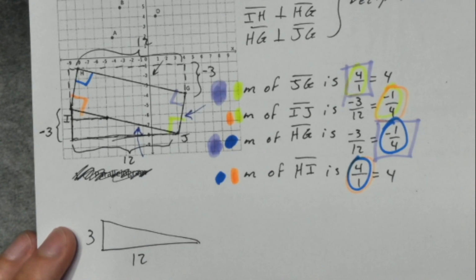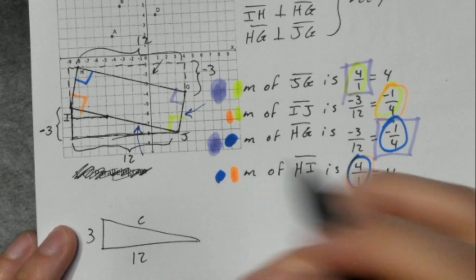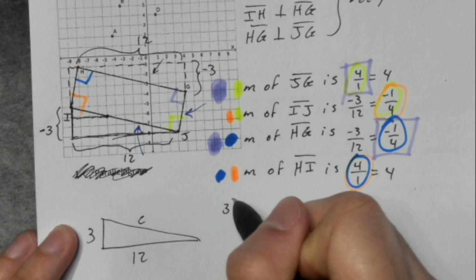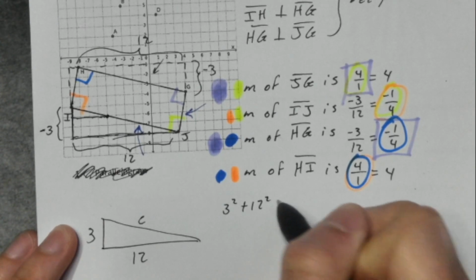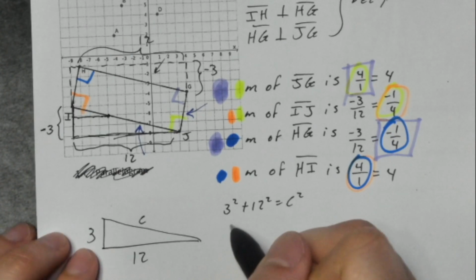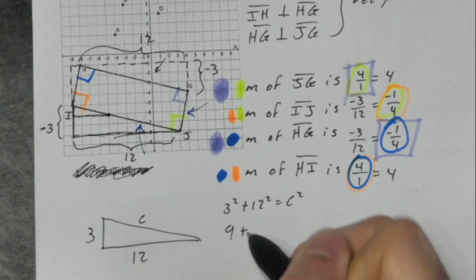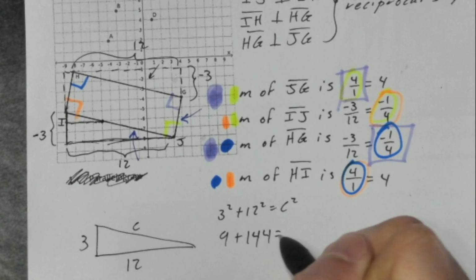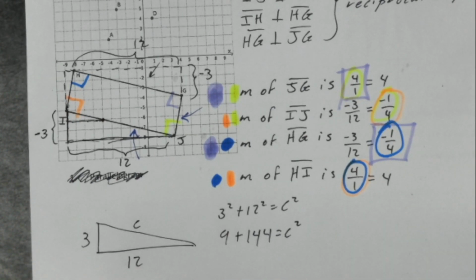So I'm going to use the Pythagorean theorem. I'm going to call this side C. Why C? Doesn't matter. You can put whatever letter you want. But it's going to be 3 squared plus 12 squared equals C squared. So therefore, that's going to be 9 plus 144 equals C squared.